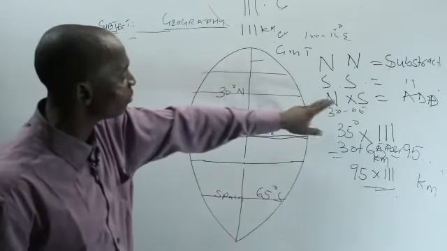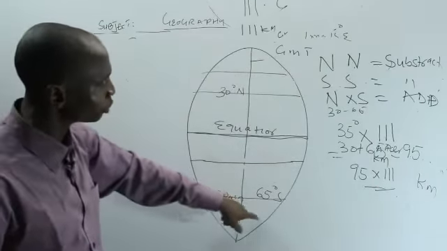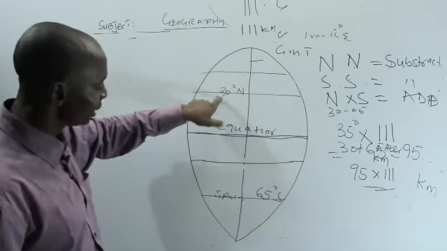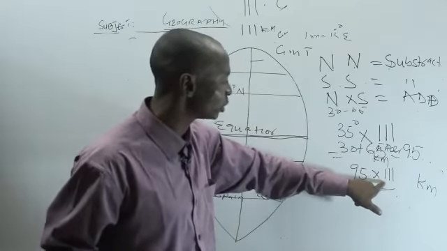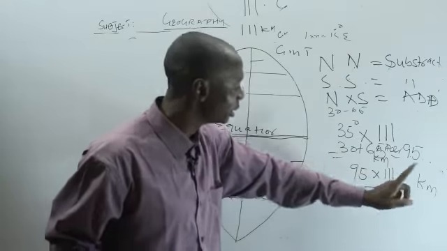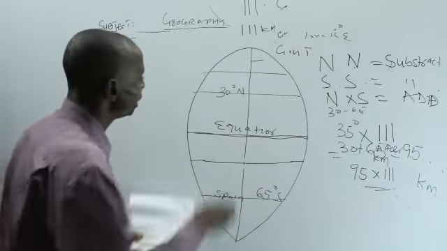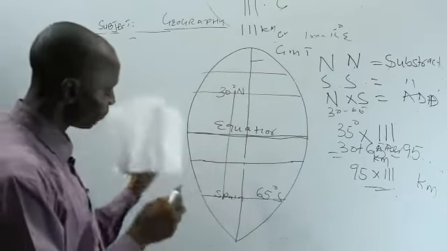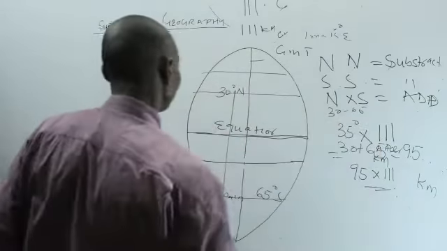But if you have different directions, that is, you have north and you have south, what you do is that you add 30 plus 65. It will give you 95. 95 multiplied by 111, then whatsoever it gives you will be the distance between Egypt and Spain. And I've explained how we get this 111.